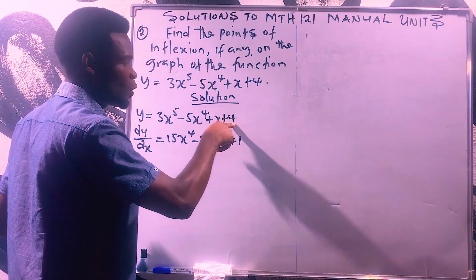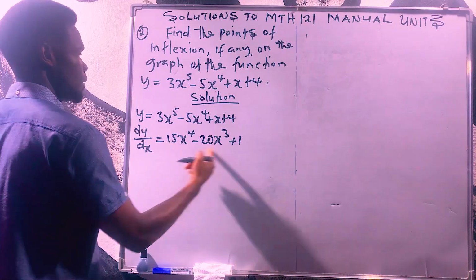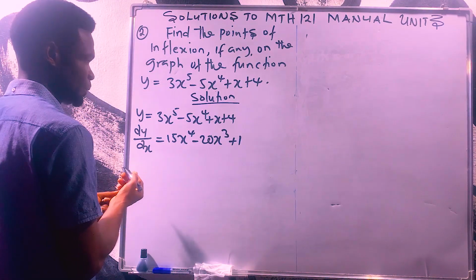And the derivative of a constant is 0, so plus 0, no need. All right, we're done with the first derivative.